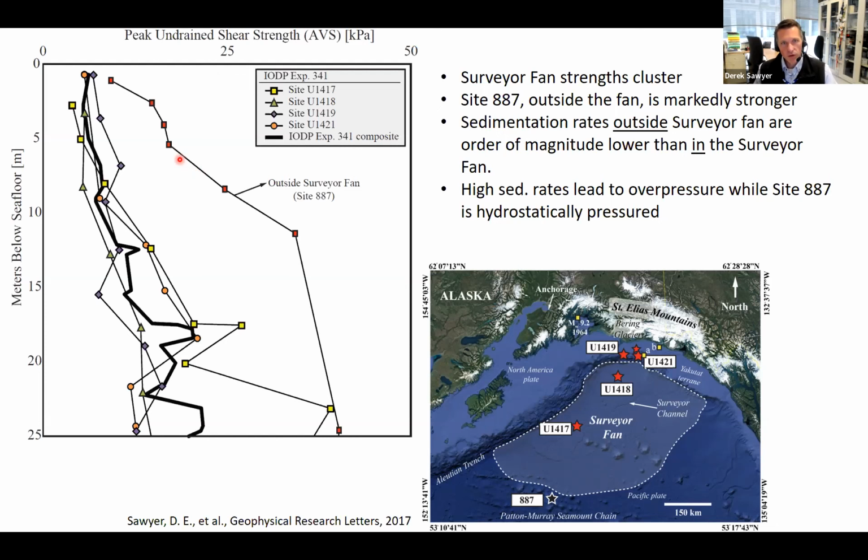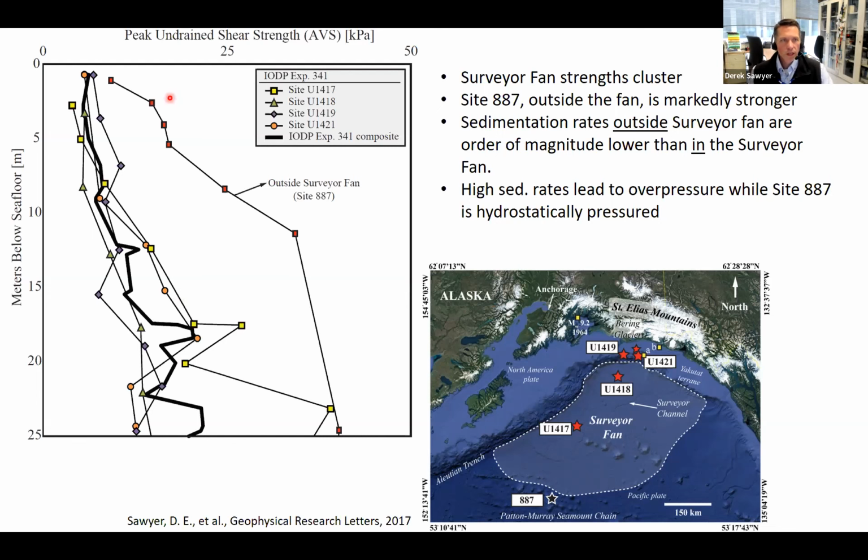The one on the right is interesting. This is coming from outside the Surveyor Fan, site 887 from an older ODP expedition made on the Patton Murray Seamount chain. So this is technically outside the Surveyor Fan, but still on the seismically active part of the plate, so it's still receiving seismic shaking. The key difference, though, is that it's not overpressured and it's receiving much lower sedimentation rates as a function of time.